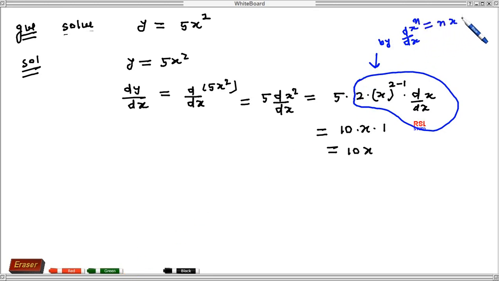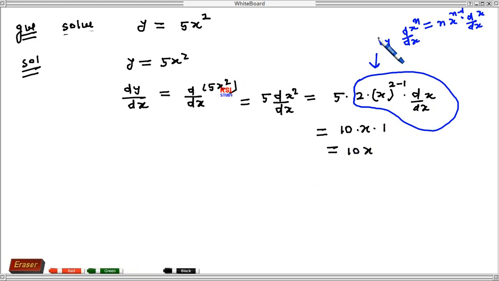This is based on the formula rule that I have told you just earlier. One thing you should note: suppose that in place of x here is t, then you will write like this, differentiating like this, and here will be t, and here will also be t.